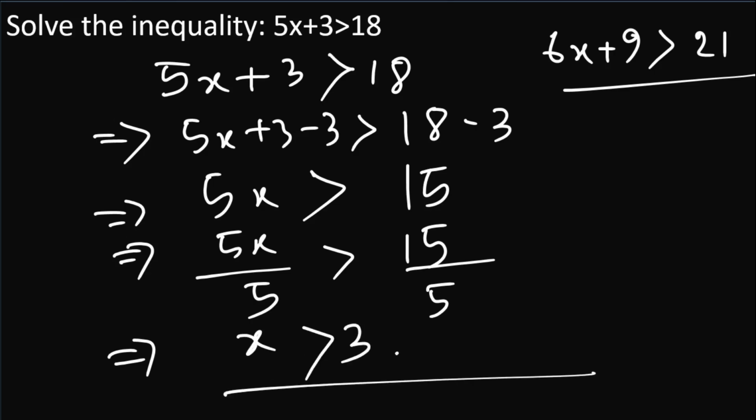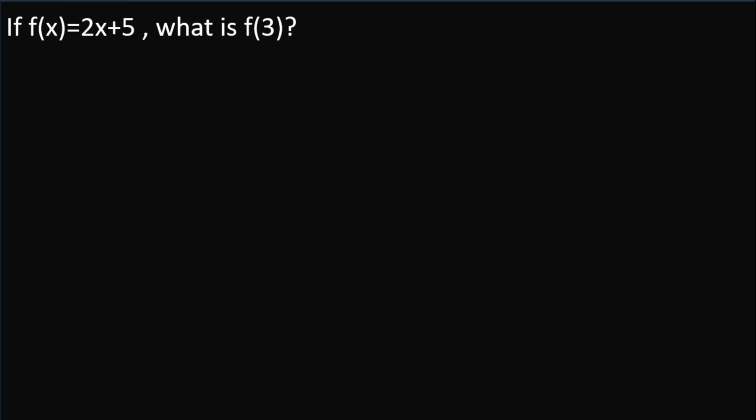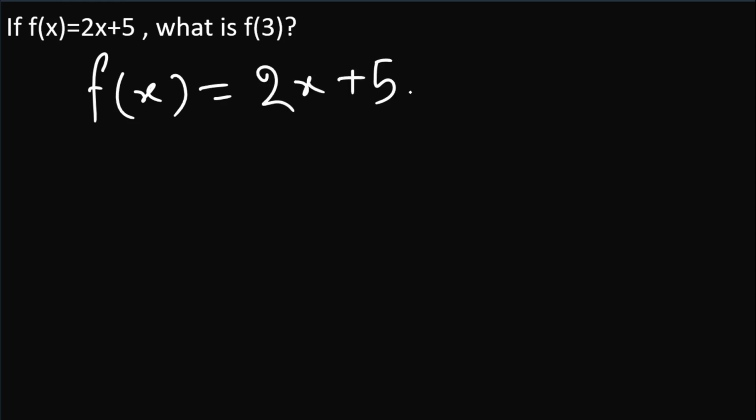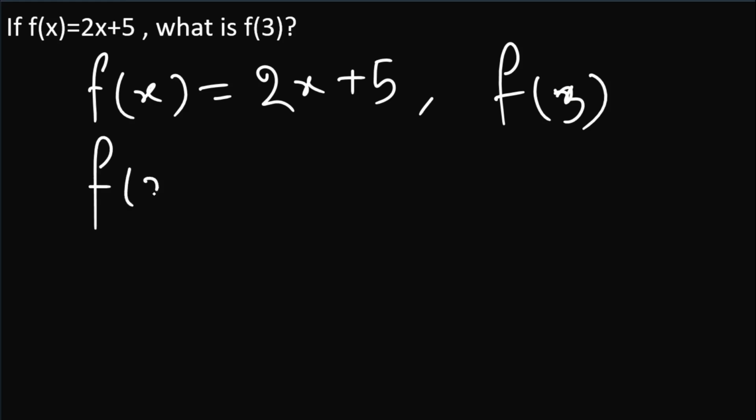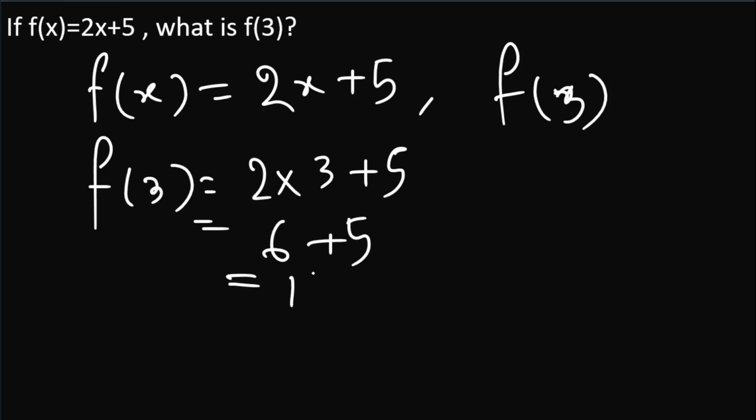Now, if f of x equals 2x plus 5, we need to find the value of f of 3. So f of 3 equals 2 times 3 plus 5. It's 3 times 2 equals 6 plus 5 equals 11. So the answer is 11.